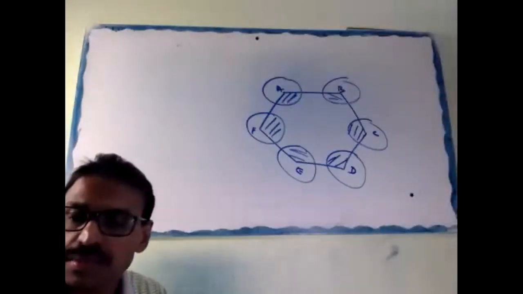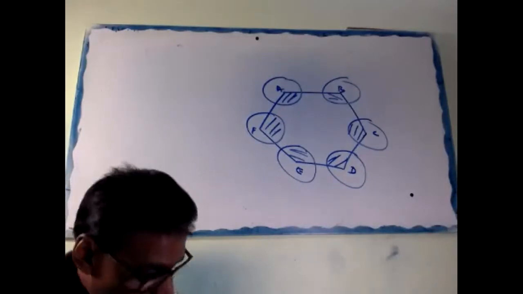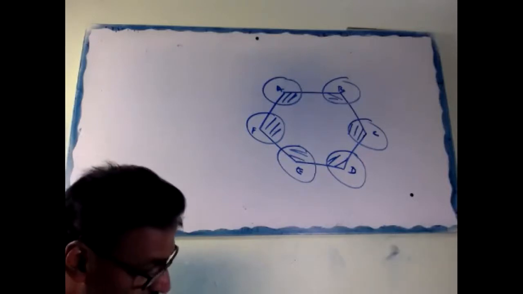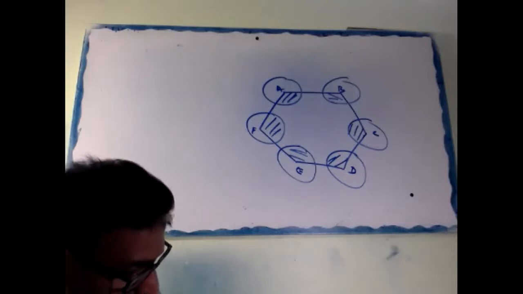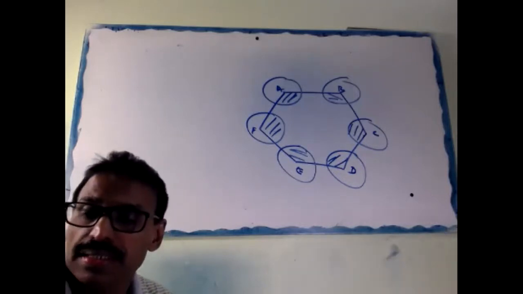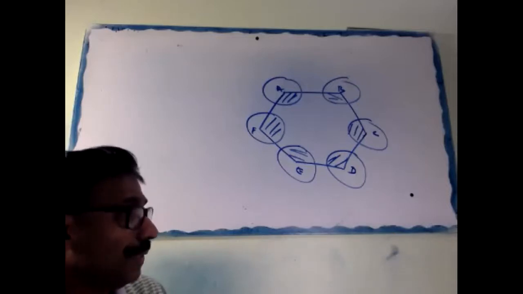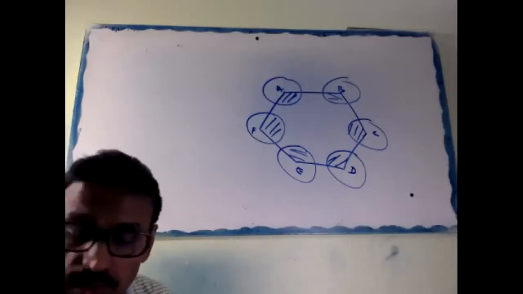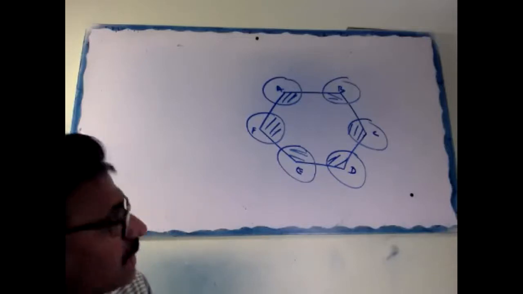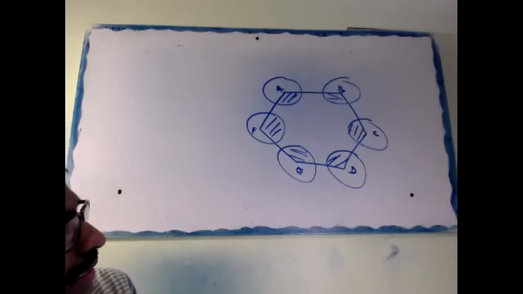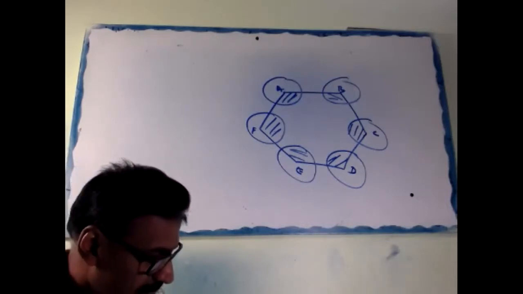Okay, question. Listen here. ABCDEF is a regular hexagon with vertices A, B, C, D, E, F as centers.